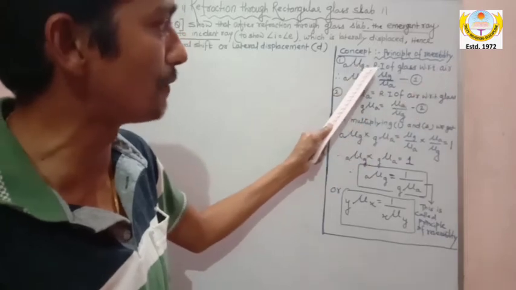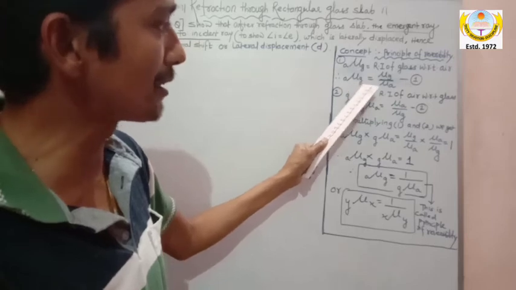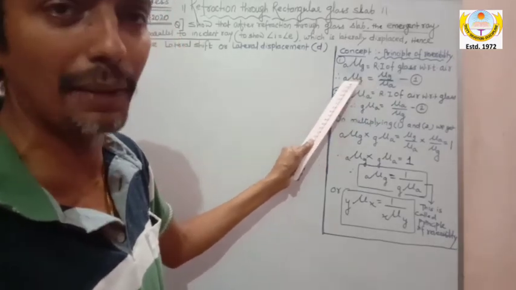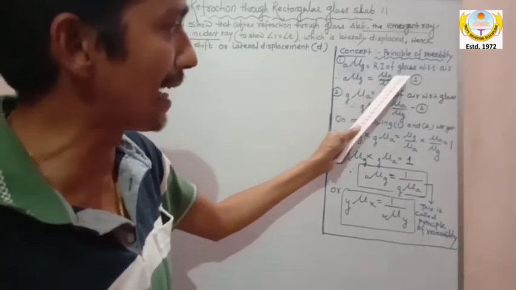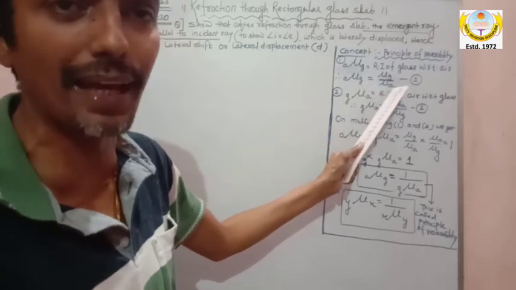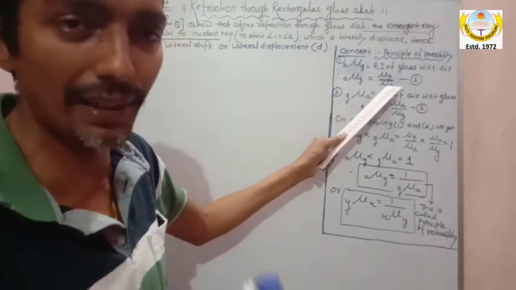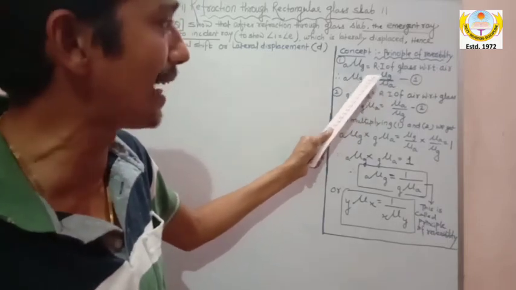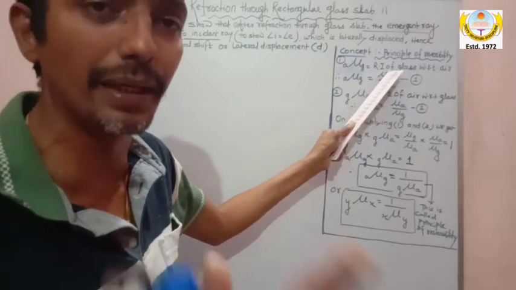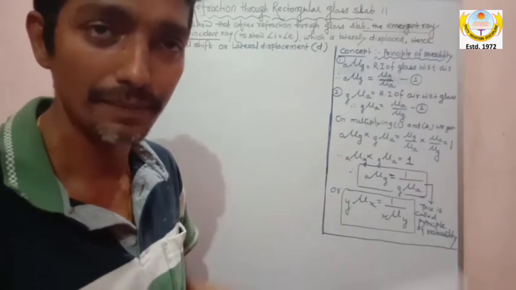Refractive index of glass with respect to air can be written as refractive index of glass divided by refractive index of air. The medium from where light comes, that refractive index is written in the denominator, and the medium where light is going, that refractive index is written in the numerator. Refractive index of glass divided by refractive index of air.